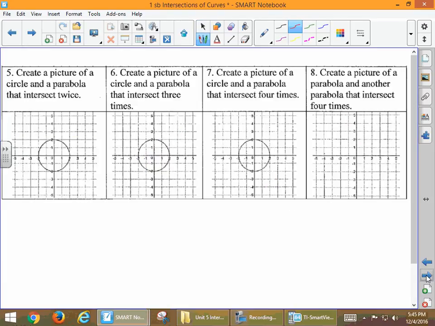If we create a picture of a circle and a parabola that intersect twice, then we can draw a parabola like that, and we intersect here and here.